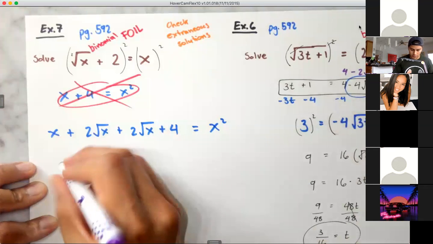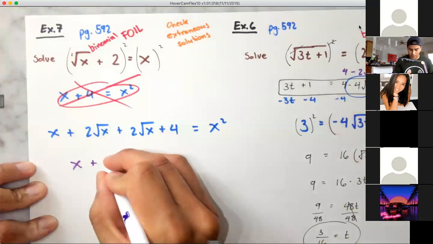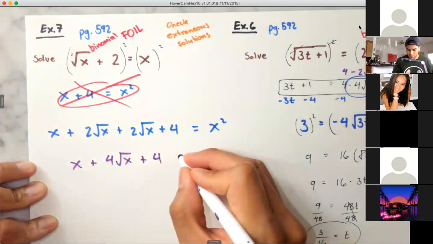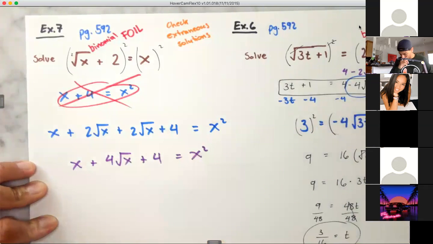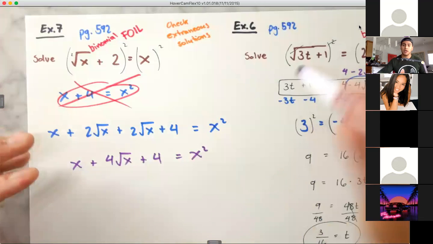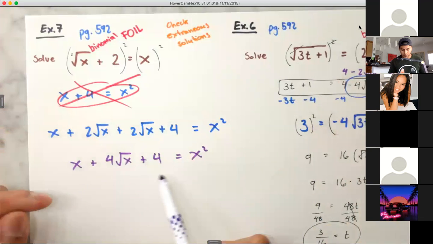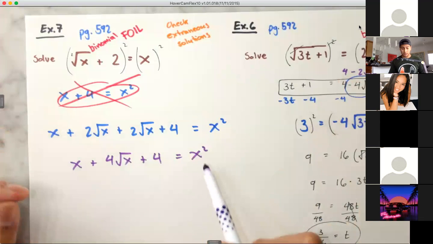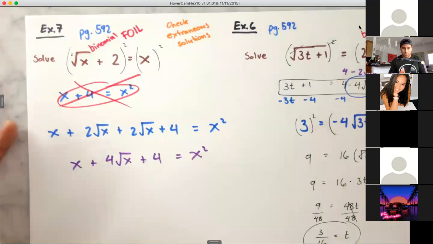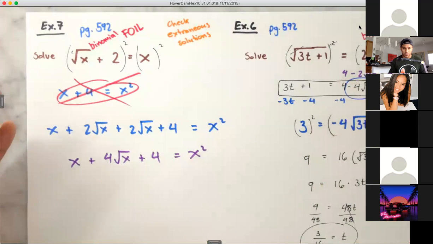We're gonna go ahead and simplify. We have x plus 4 square root of x plus 4 equals x squared. Now, how do we solve this? The only way to solve this is to solve using a quadratic, how we solve quadratic equations, right?